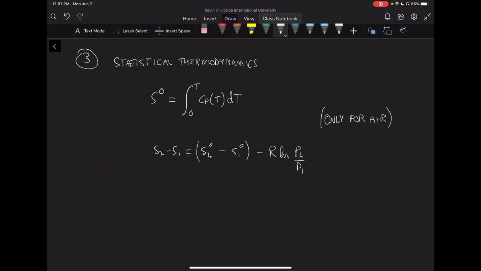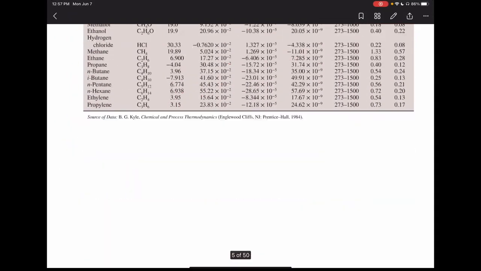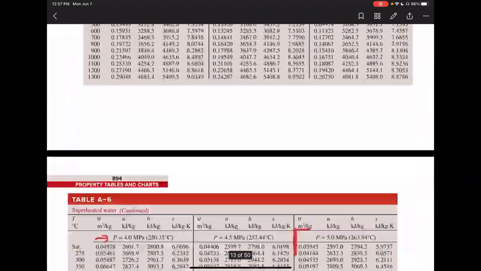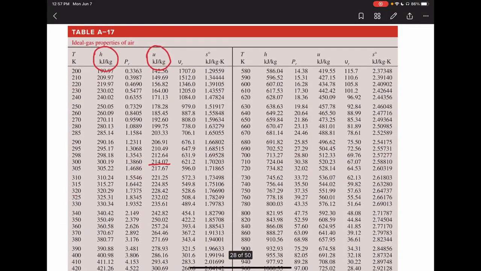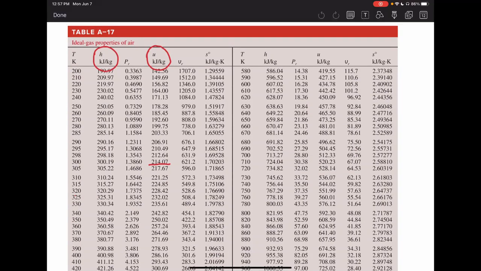So if we go to the tables for air, table A17, we can see that we are now given a value for S⁰ at different temperatures.